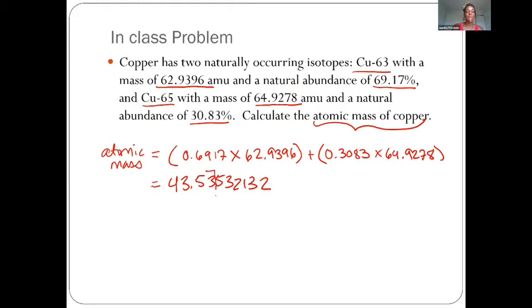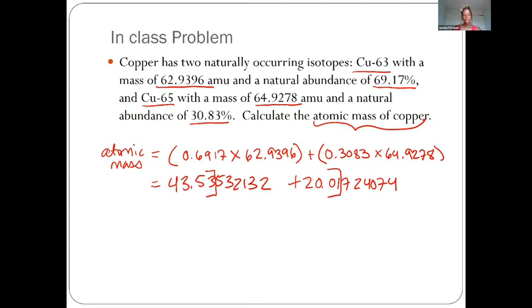So I would, in theory, be stopping there, but I'm going to carry all the numbers through to the next calculation. If I look at the second parentheses, 0.3083 times 64.9278, we end up with 20.01724074. And again, we would be stopping after 4 significant figures accordingly.